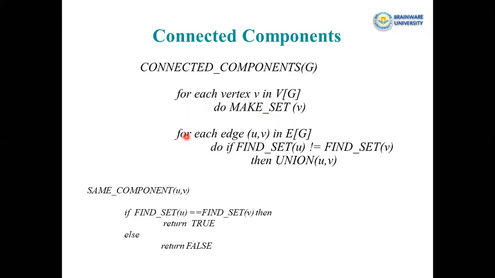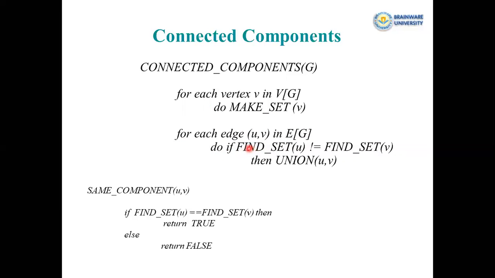Next, for each edge u v that belongs to E of G, we take the edges one by one, and if the edge belongs to the edge set of G, then we apply the find set operation. That is how we apply the if condition.